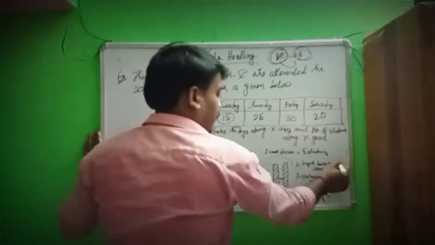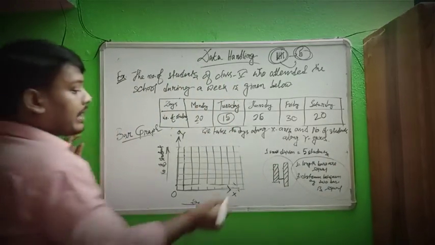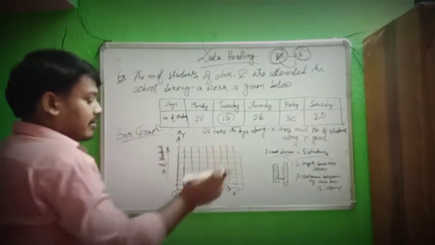Okay, so no need to write these things. These are the points. Now we take one small division equal to 5 students.